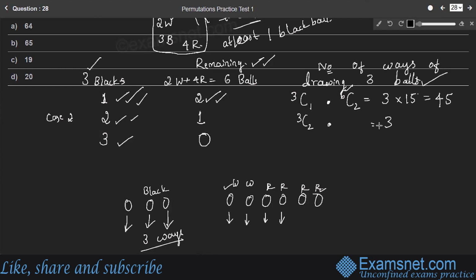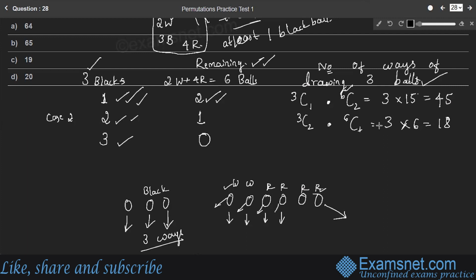Into 6C1, because out of 6 balls we have to draw only 1 ball. You can draw the first or second or third or fourth or fifth or sixth, which is 6 ways, so 6C1. So 3 into 6 is 18.